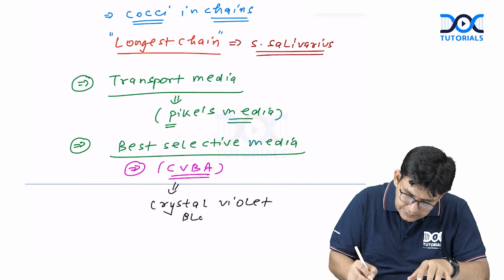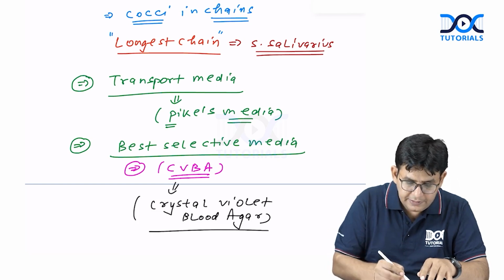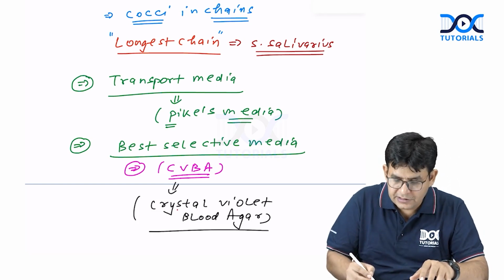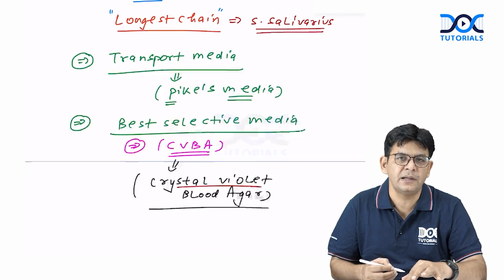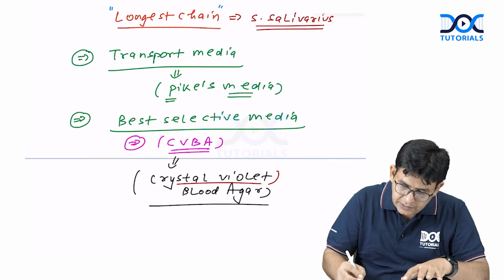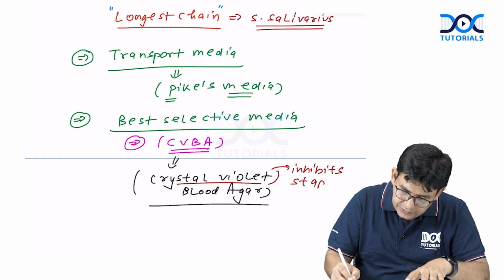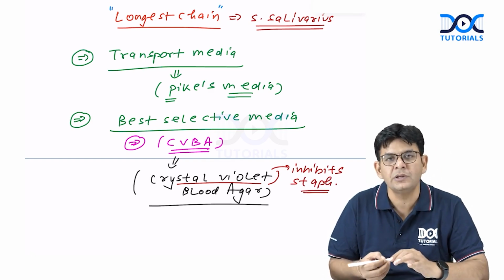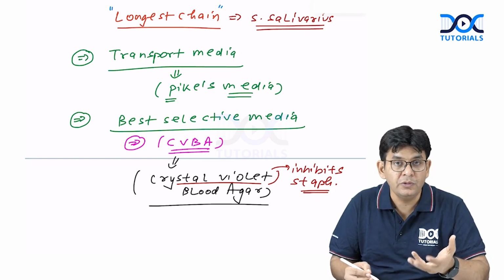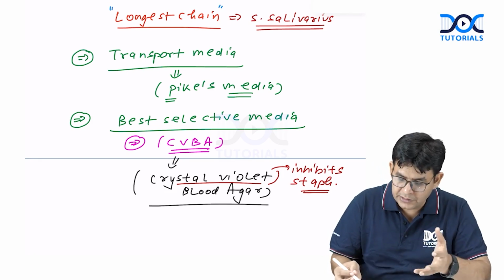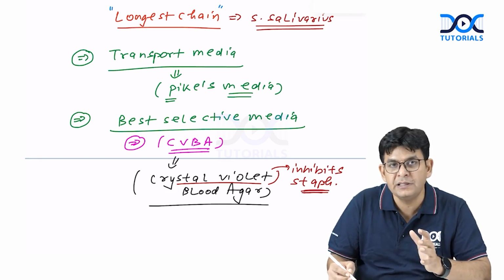It is crystal violet blood agar. And why do we say that crystal violet is to be used in this blood agar? Because crystal violet inhibits the staph growth. It does not allow the staphylococcus to grow. And what do we want to grow? We want to grow streptococcus. So that's why we need to inhibit the staph.